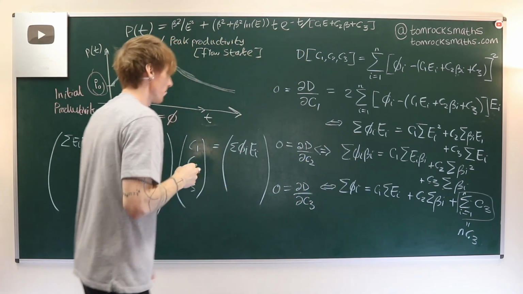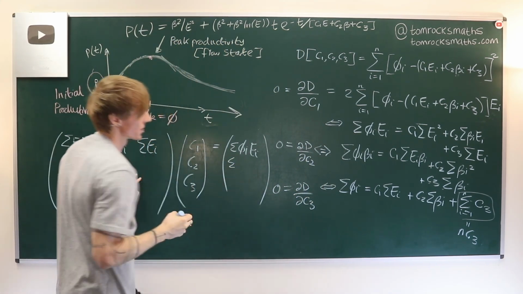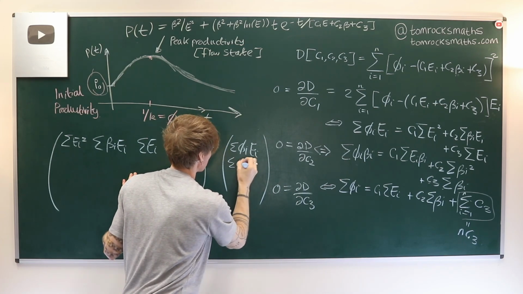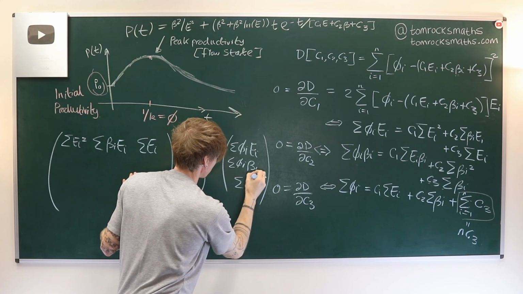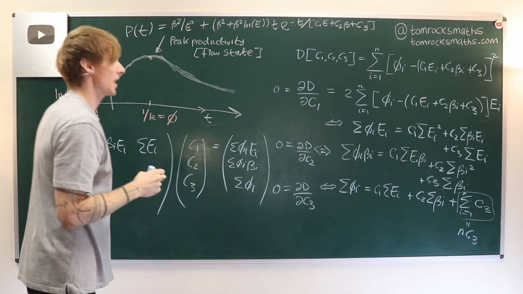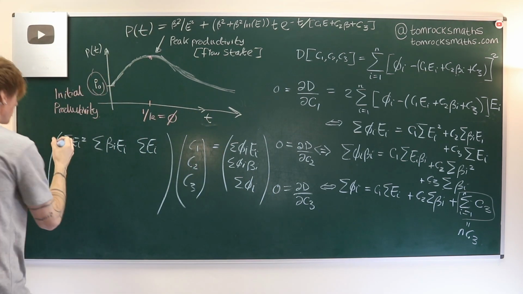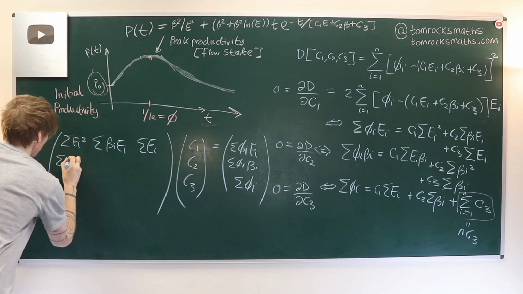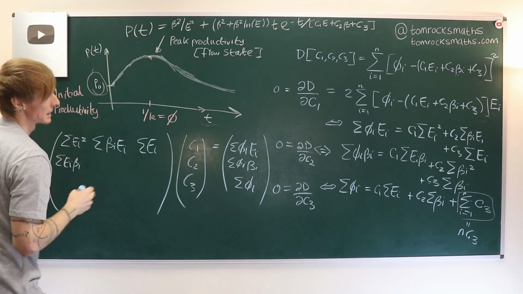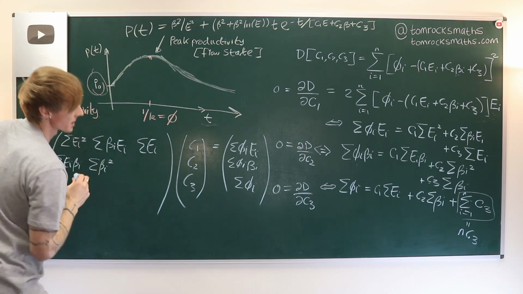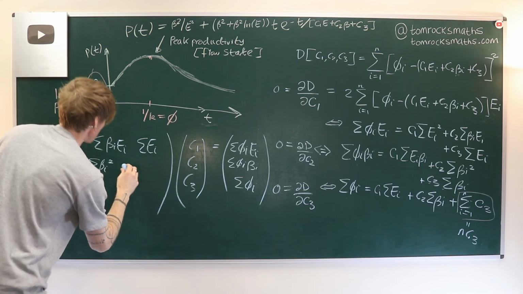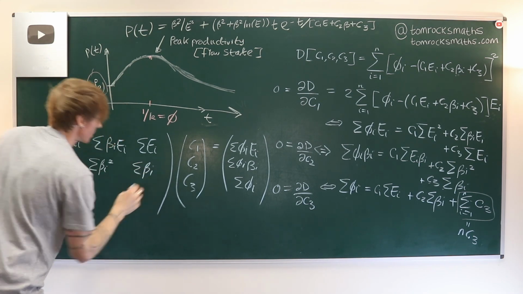The second one, we've got here the sum of the phi_i beta_i, and the third one's going to be the sum of the phi_i. And then going back to our second one, we've got C1 times the sum of E_i beta_i. C2 is multiplied by the sum of the beta_i squareds. C3 is the sum of the beta_i's.